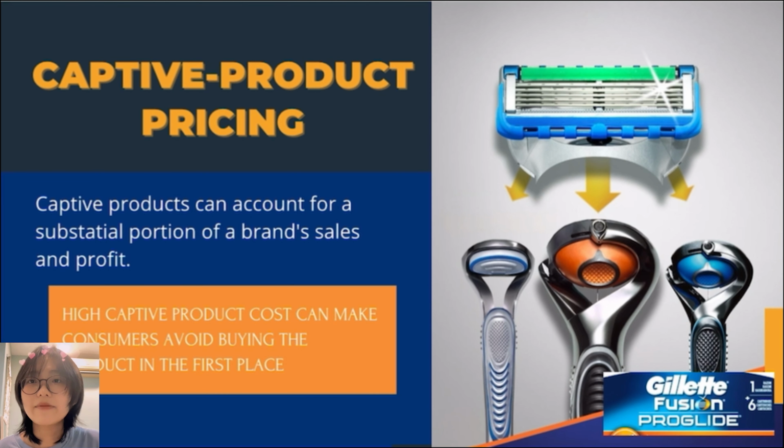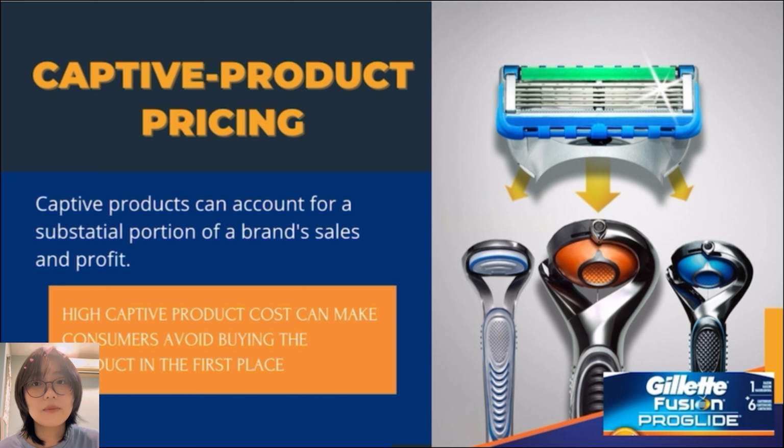The next one is captive product pricing. Captive products can account for substantial portions of a brand's sales and profit. For example, Gillette razor blades are captive product pricing, because the price of the razor, which is the core product, is very low, but the razor blades, which are changed frequently by the user, are priced high.